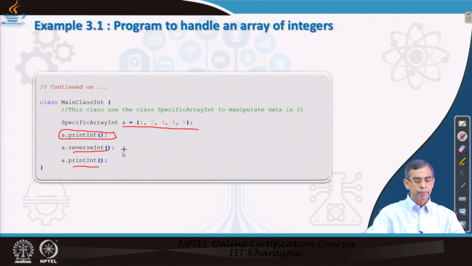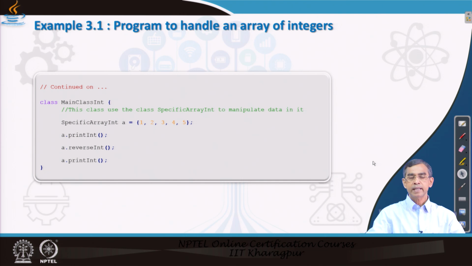So, here we just create an object, as we see, the name of the object that we have created, A, is basically a specific array, and it is an integer array. Now, this is for integer.